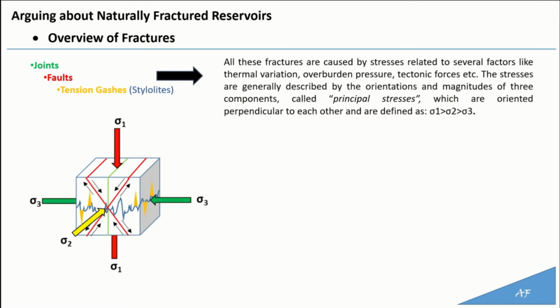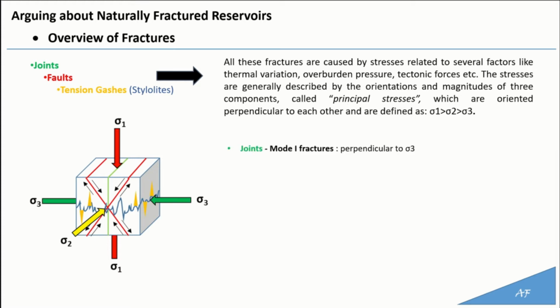Fractures are caused by stresses related to several factors like tectonic forces, overburden pressure, thermal variation, etc. The stresses are generally described by the orientation and magnitudes of three components called principal stresses, which are oriented perpendicular to each other and defined as sigma 1, that is larger than sigma 2, that in turn is larger than sigma 3.